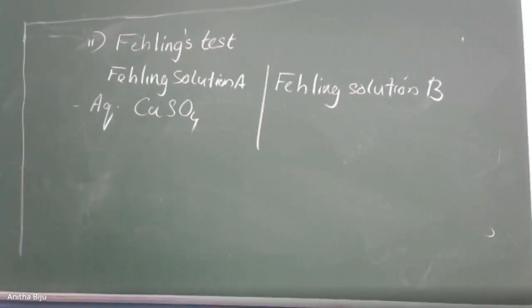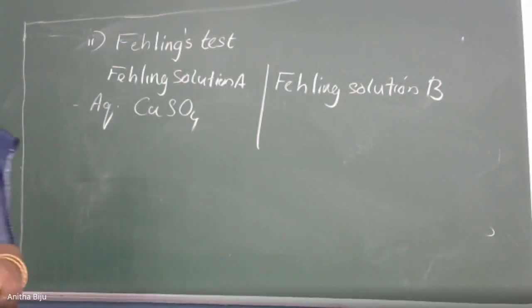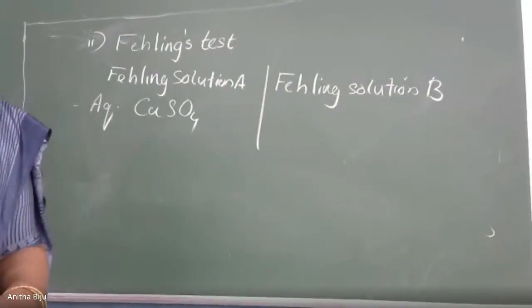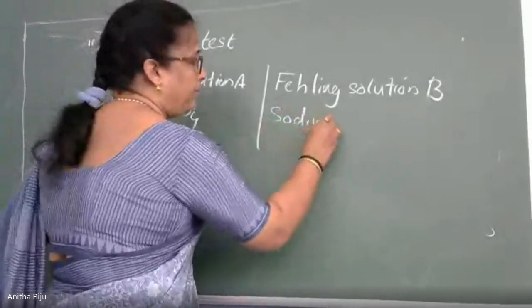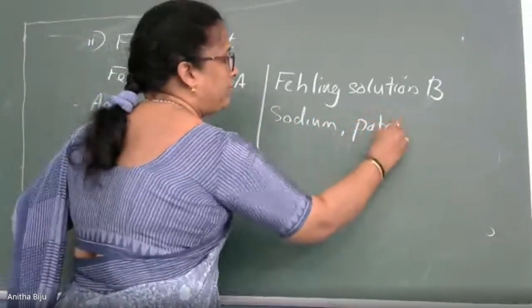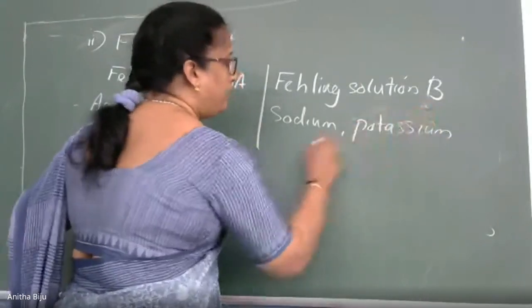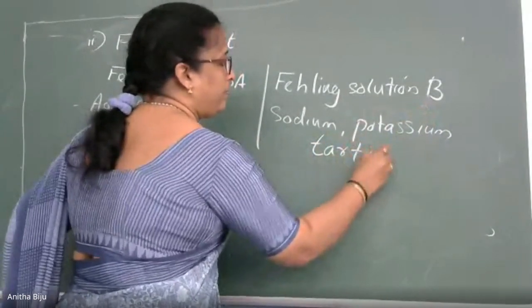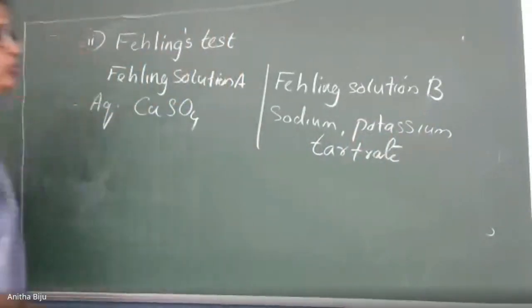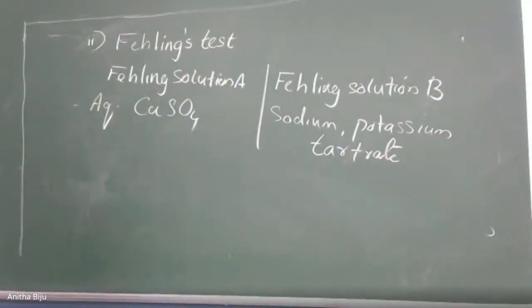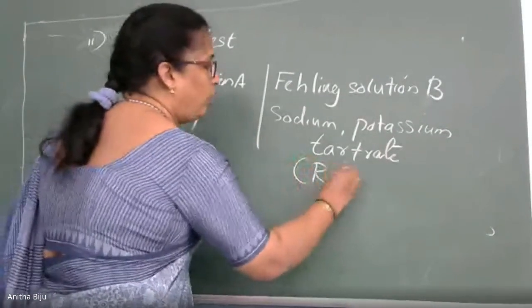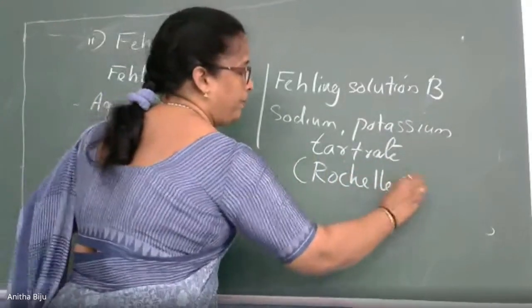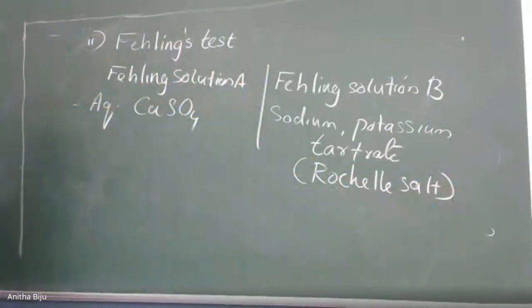And Fehling solution B is a salt of dicarboxylic acid. So we can say that sodium potassium tartrate. Sodium potassium tartrate has a very unique name, Rochelle salt.